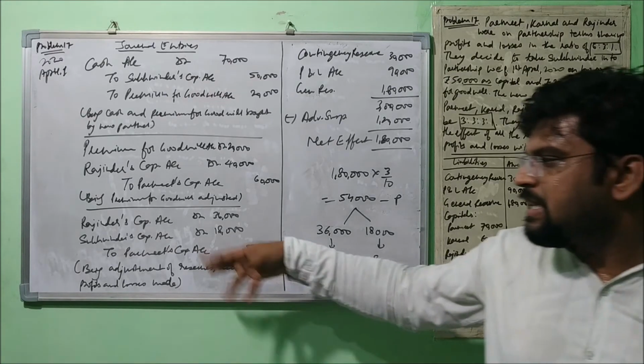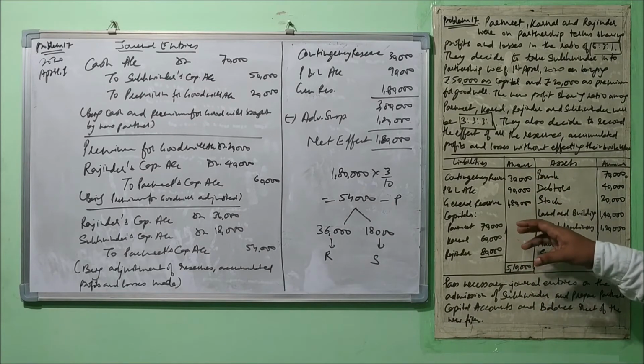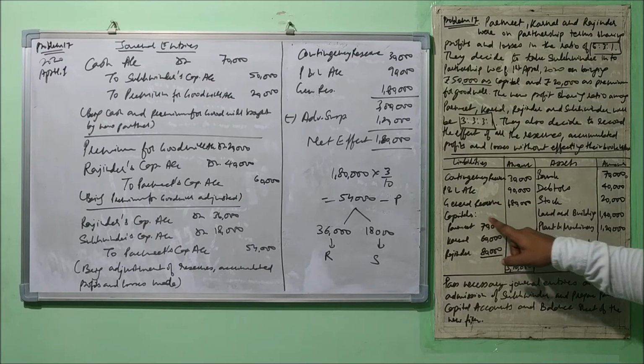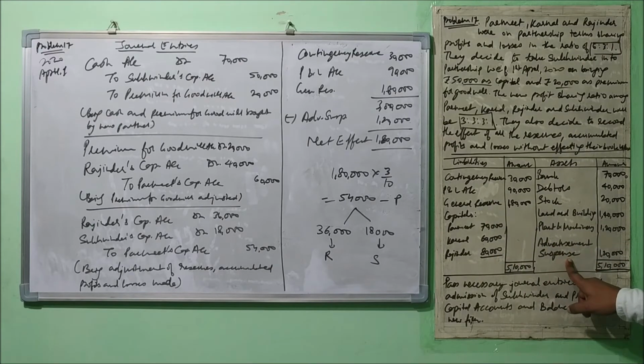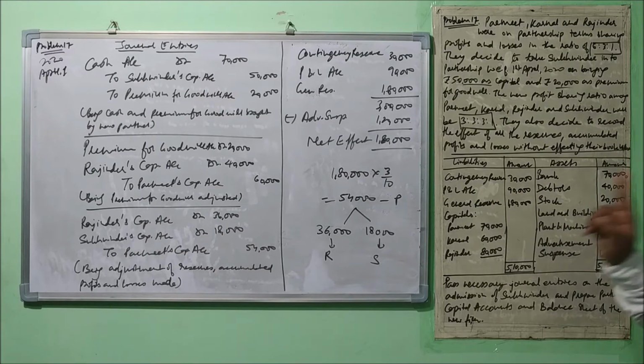In this entry we can see that whatever effects were there, the old partners were supposed to distribute all the profits and bear the losses, and thereafter their capital accounts would have been affected. These would not exist in the balance sheet in that case, but this is the other case where they want to show them.